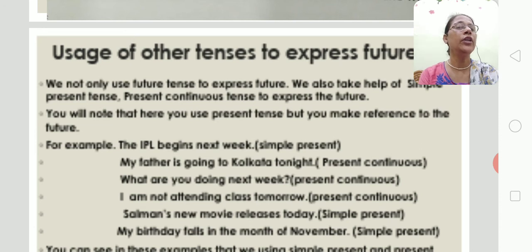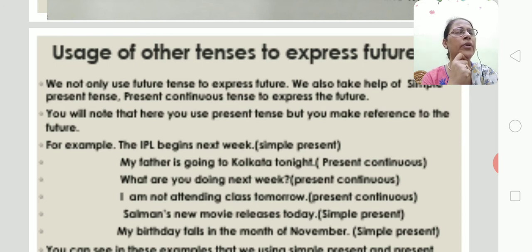We don't need only the future tense to express future. We can also take help of the present tense and present continuous tense to express the future. Now, you will be thinking, how is it possible? But it is possible. You will note that you are using present tense and you are talking about future.